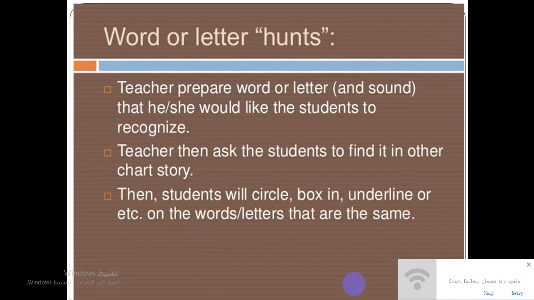In this activity, the teacher prepares a word or letter and sound that they would like the students to recognize. The teacher then asks the students to find it in other chart stories. Then students will circle, box, or underline the words and letters that are the same.